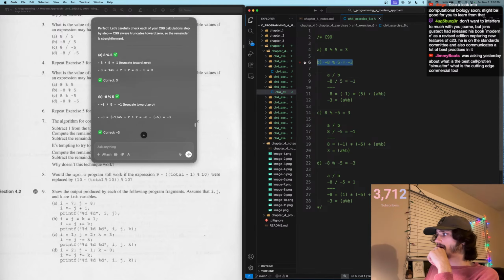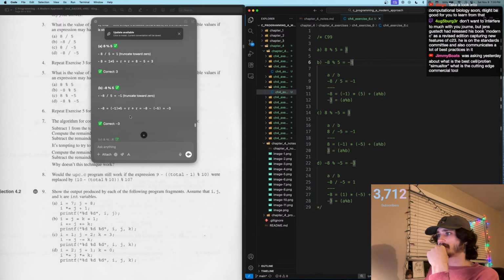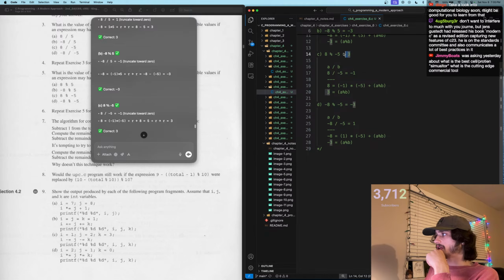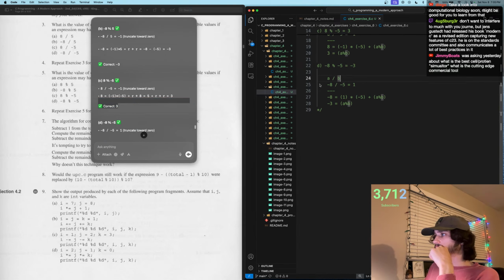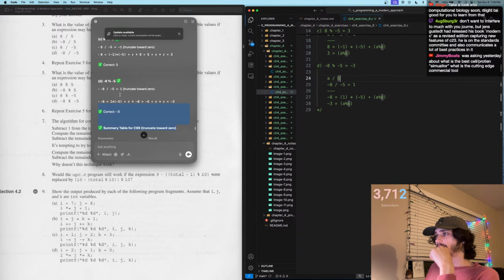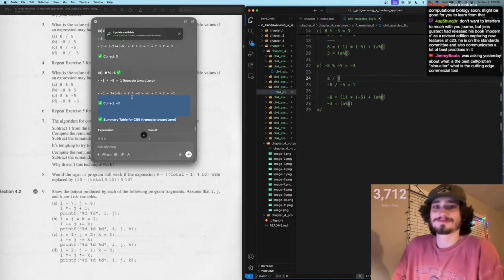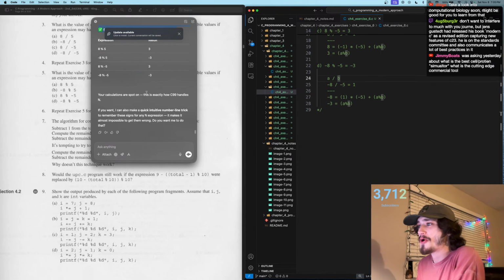Negative 8 modulo positive 5 will give us negative 3, correct. Positive 8 modulo negative 5 will give us positive 3, correct. Negative 8 modulo negative 5 gives us negative 3, correct. Let's go.